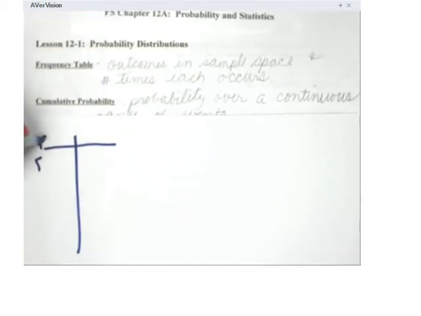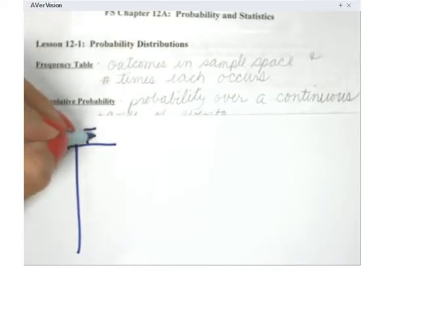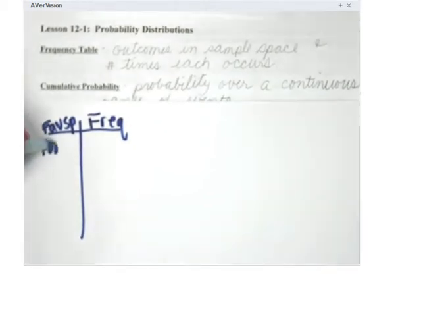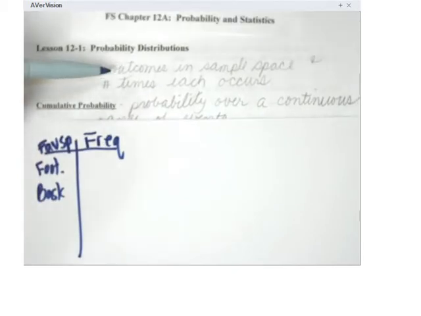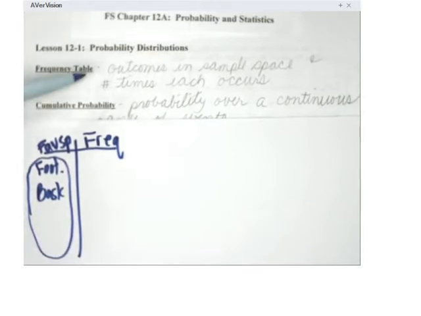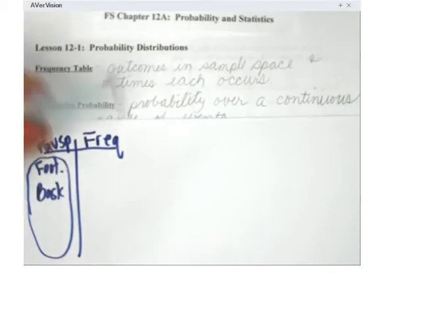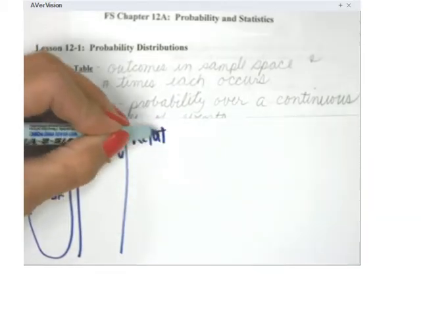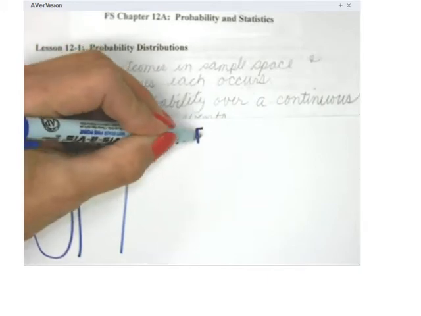And I put the favorite sport here, and I might put the frequency here, and maybe football, basketball, etc., and put down what the totals are here. So we have the outcomes of the sample space. So the different sports that people like would be over in one column, and the number of times that they occur here. Now, sometimes we also talk about the relative frequency, and I should say something about that.